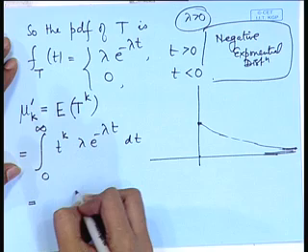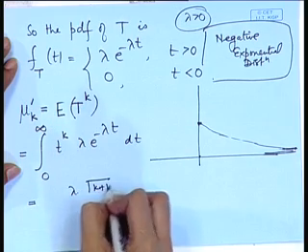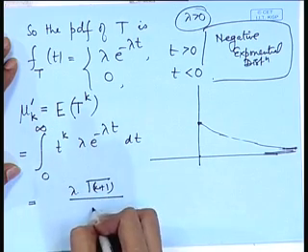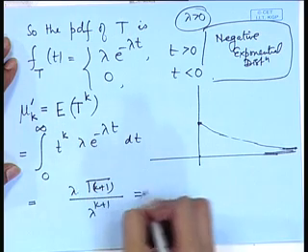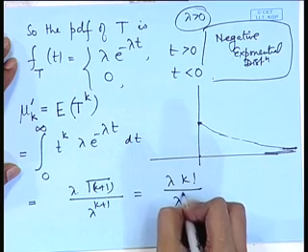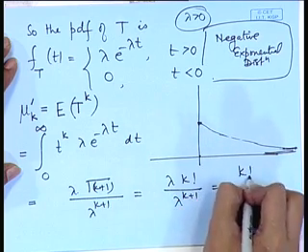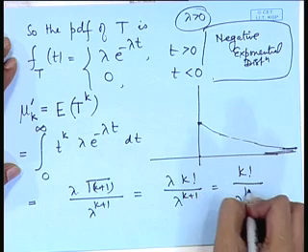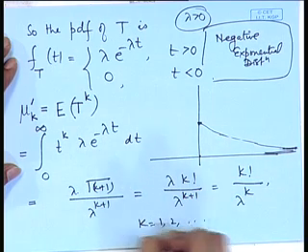So, this becomes lambda gamma k plus 1 divided by lambda to the power k plus 1. So, this is equal to lambda k factorial divided by lambda to the power k plus 1, that is k factorial divided by lambda to the power k for k equal to 1, 2 and so on.